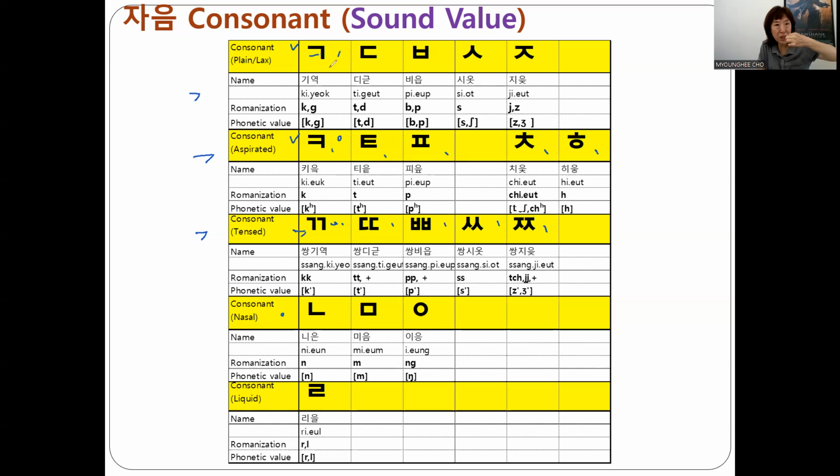Try to say this plain consonant and then this nasal consonant. 그, 그, 느, 느. You may have had more difficulty when you pronounced the nasal sound than the plain consonant, right?